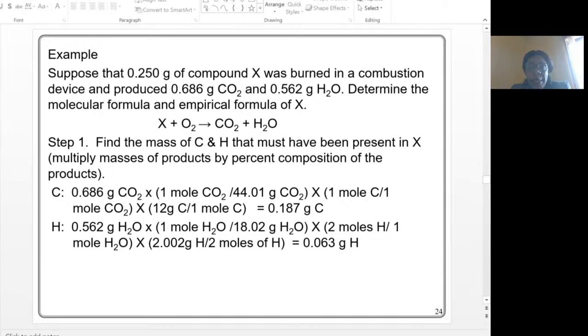What we want is to work backwards to determine the empirical and molecular formula of X.